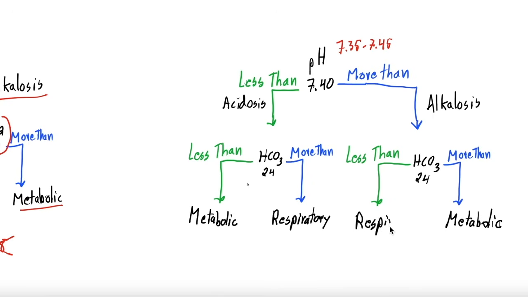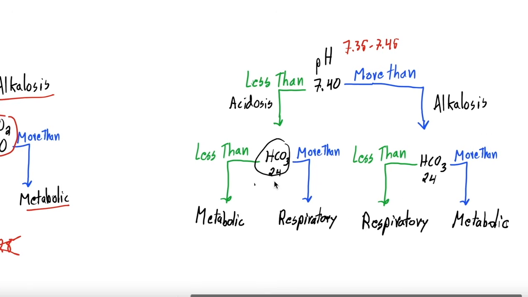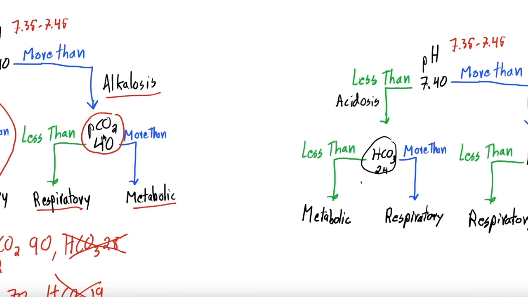So the things to think about here, whether you look at bicarb or whether you look at PCO2, are: what does this bicarb or PCO2 being low or high mean? So bicarb being a base, we'll say that's a base.